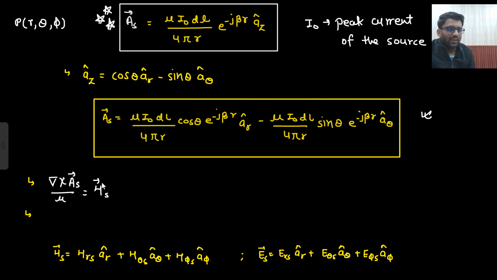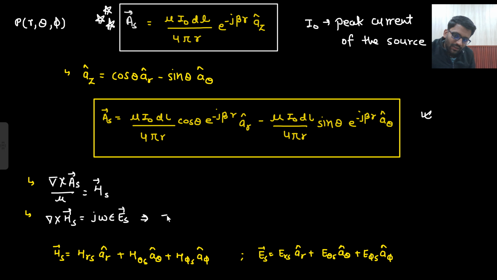And then once you have the value of Hs, what you can do? From Hs, what we know? Del cross Hs is equal to j omega epsilon Es.